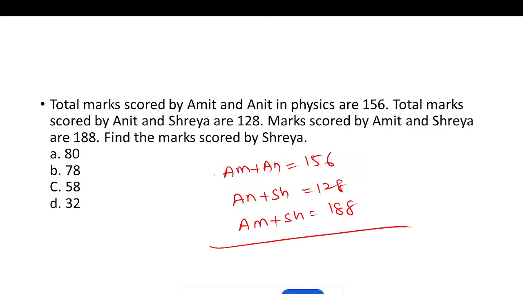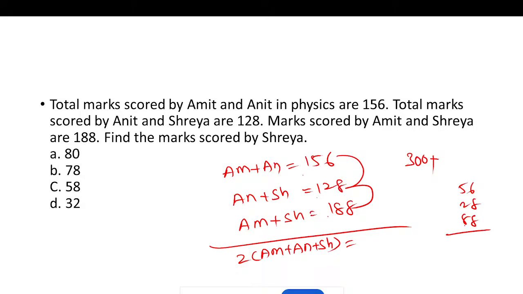When you add these three directly, you get twice the sum of Amit, Anit and Shreya: 156 plus 128 plus 188 is 472.